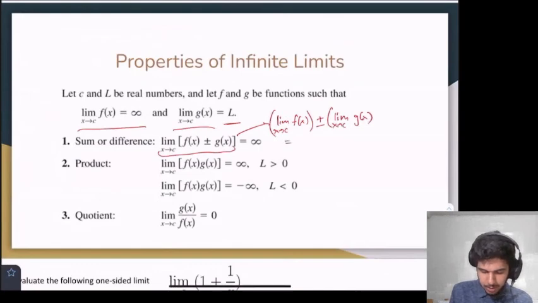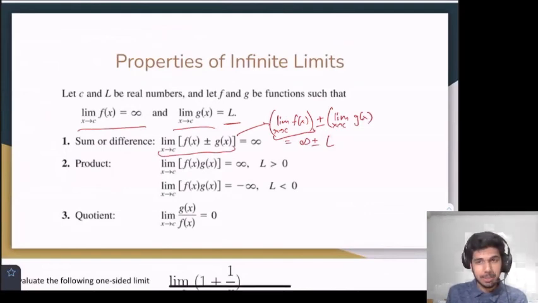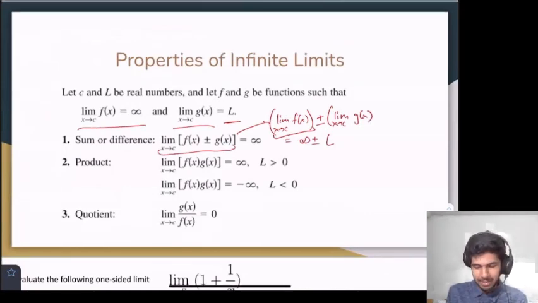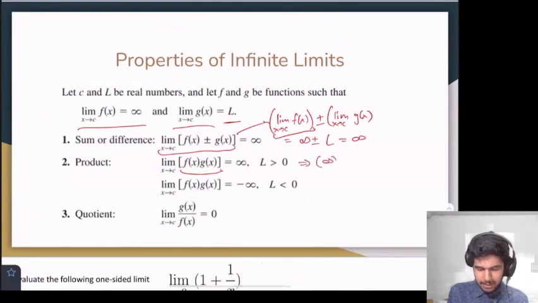And that evaluates to infinity plus or minus L, and it doesn't really matter what L is because infinity is infinity, so it's just going to be infinity. Same thing here, similar logic, but we'll get infinity times L, and that just means it's equal to infinity. That's just how infinity works.